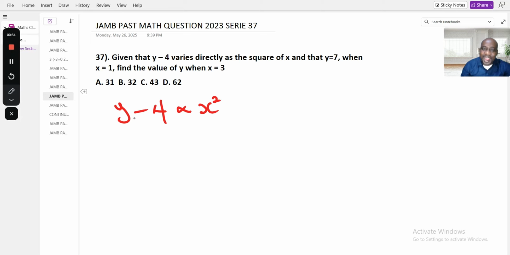It means that if one is higher, the other will be higher. Anything that varies, it means that anything that affects one will also affect the other. If there is any increase in this one, there will be an increase in this one. It's either increase or decrease.